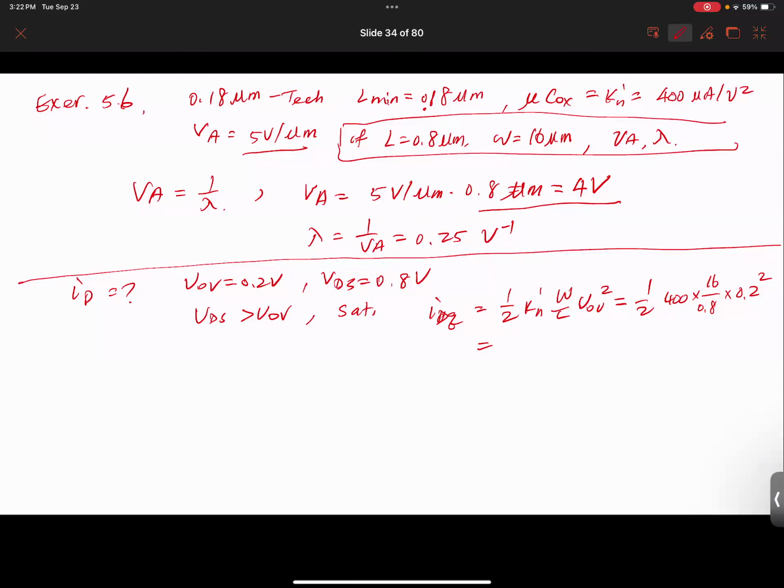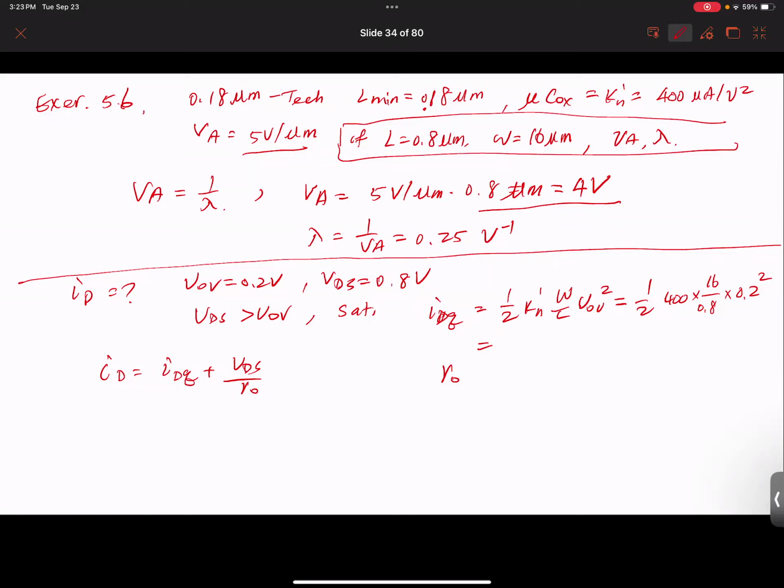And then we need to find the increment, which means we need to find the current, which on the last page we said ID current to be IDQ plus VDS over RO. VDS is given 0.8. So then we have to find RO. We can probably just plug in the numbers and figure it out.